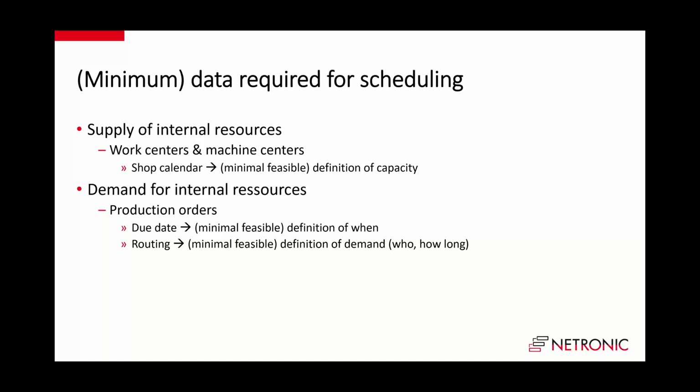Business Central allows you to do this, and this is not rocket science. It must not be sophisticated. It can really be easy. But if you set this up from a master data point of view, you are already good to go with a scheduling software that can really help you to get your arms around what is happening on your shop floor.